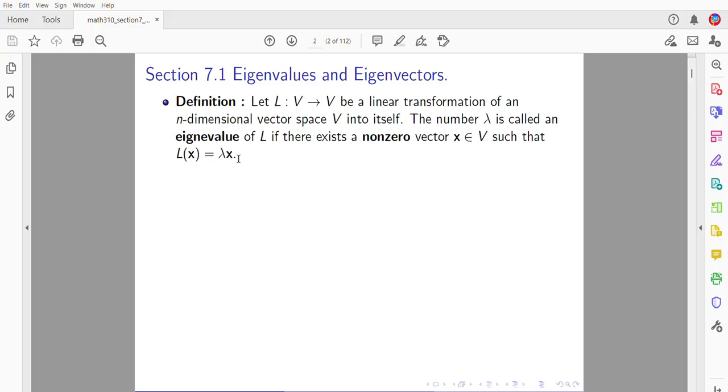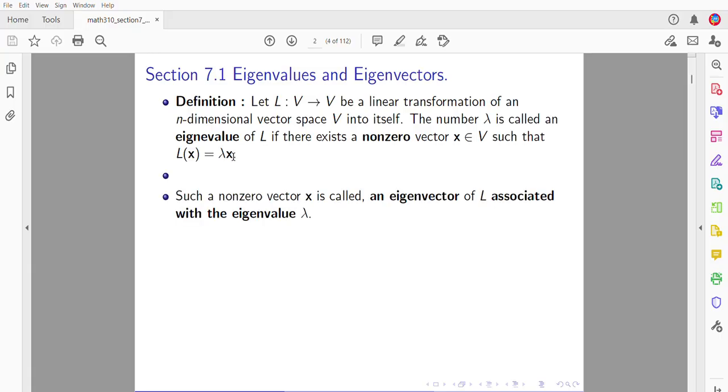What this means is the image of x is some number times x back. Such a lambda is called an eigenvalue and such an x is called an eigenvector. That non-zero vector x is called an eigenvector of L associated with the eigenvalue lambda.